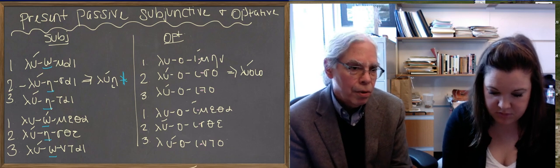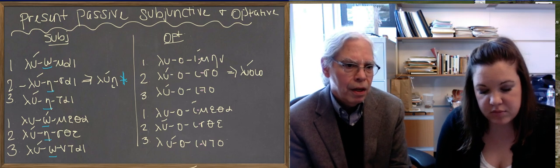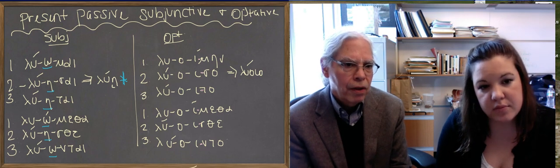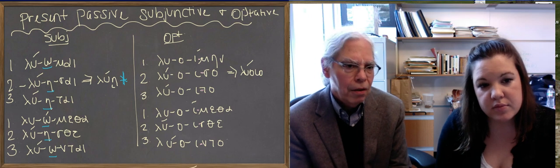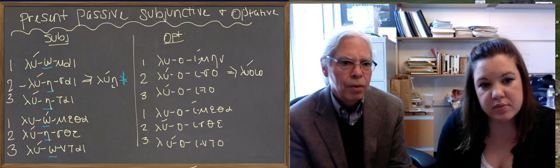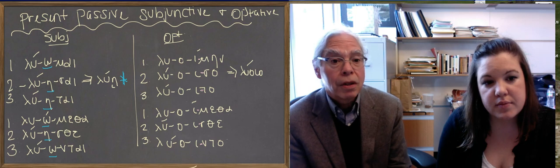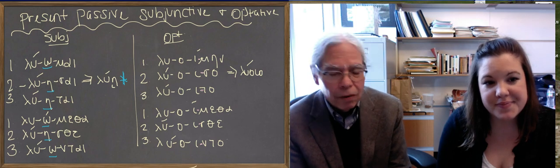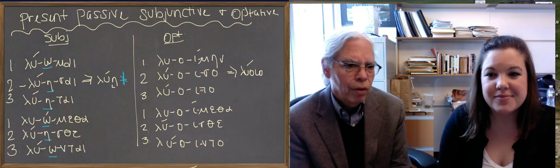In the second person singular, once again, we have the problem of the disappearance of the s and the contraction of the eta and the alpha iota, in this case into eta with an iota subscript, which is the same as the second person singular indicative and the same as the third person singular active subjunctive. Right? You're going to keep these possibilities in mind when you see a form like that.